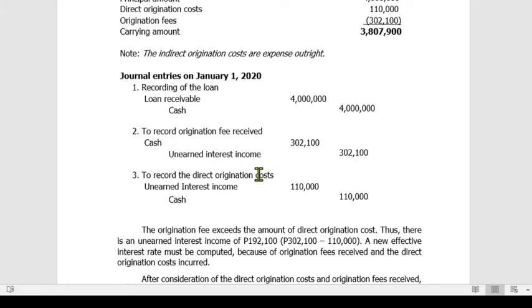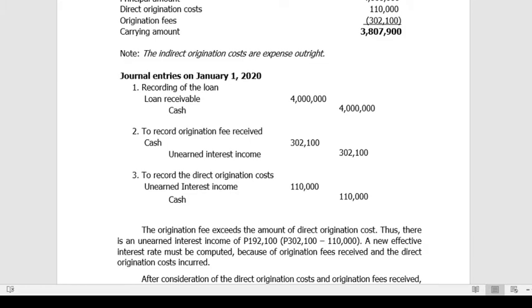And then, nung nagbayad ka, yung galing sa bulsa ni Smart Bank, na direct origination cost na 110,000, nabawasan yung unearned interest income. 302,100 minus 110,000 is 192,100. So, yung 192,100, yun na lang yung natitira dito sa liability account na unearned interest income.